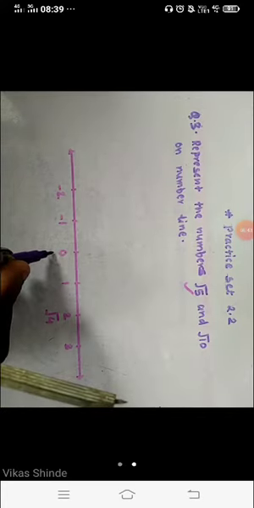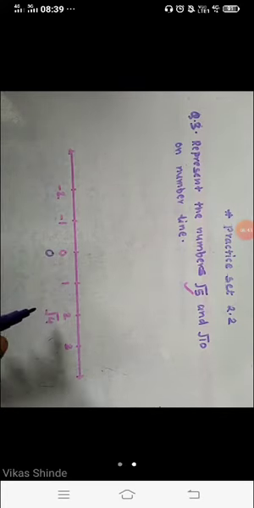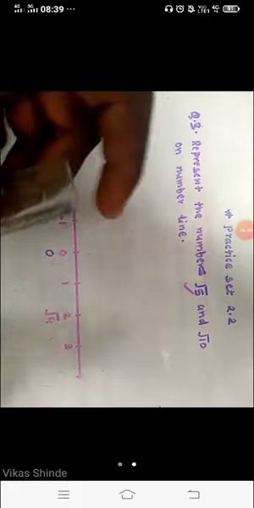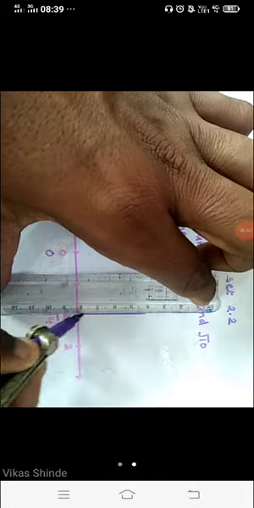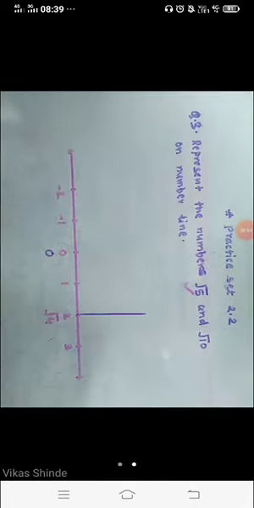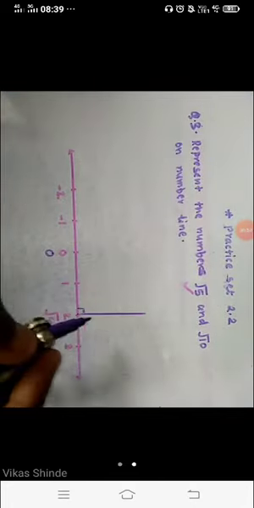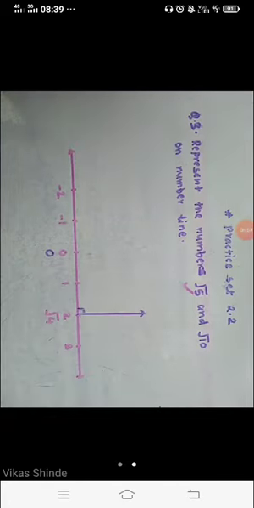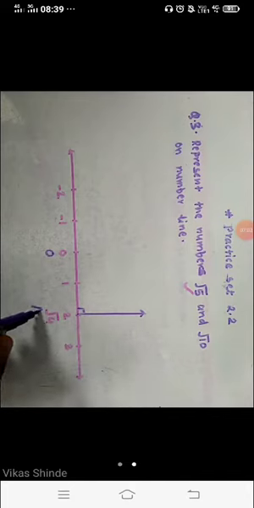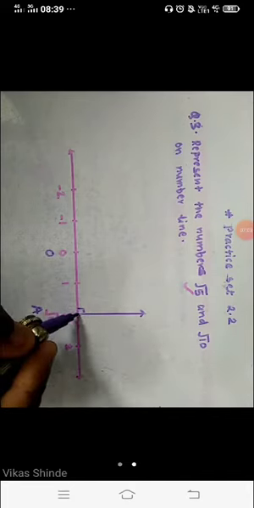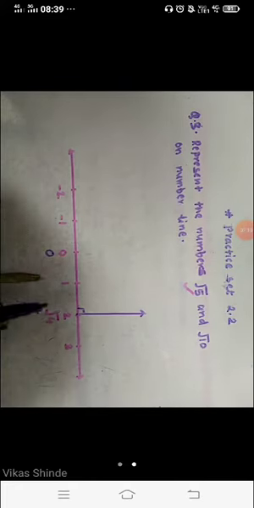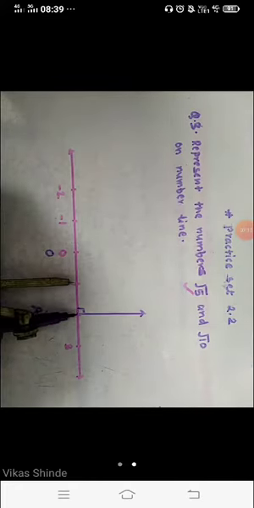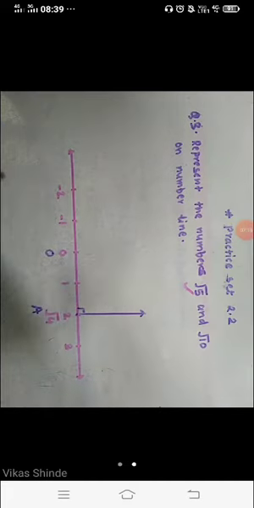Before that, mention suppose here is point O. Next, we have to draw a perpendicular from 2. Now this is our perpendicular. Then we mention, suppose I am taking here point A, OA. Now take a distance of 2 centimeter; this is 2 centimeter.